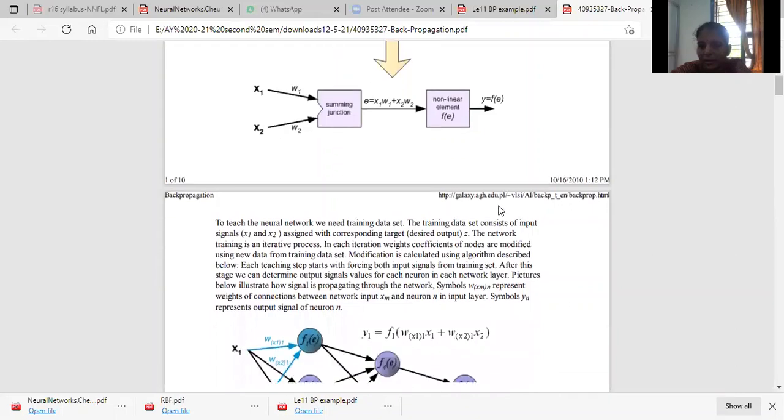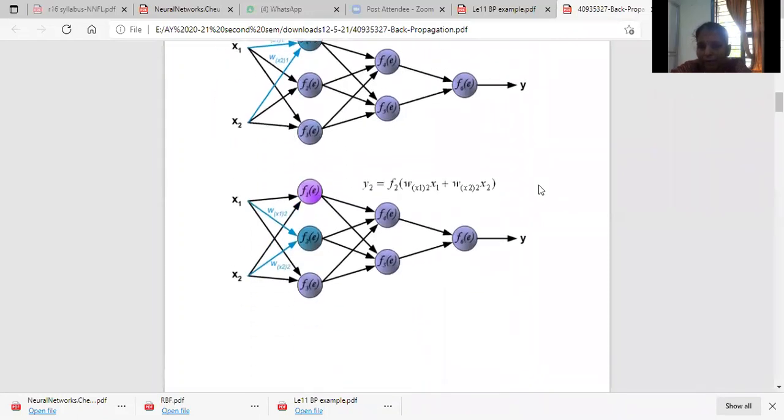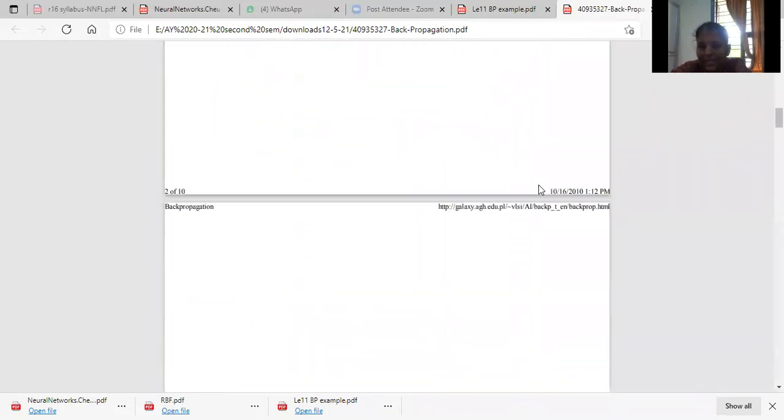So you have clearly understood that in the backpropagation algorithm, first you calculate the outputs in the forward part: y1, y2, y3, y4, y5, finally y6.